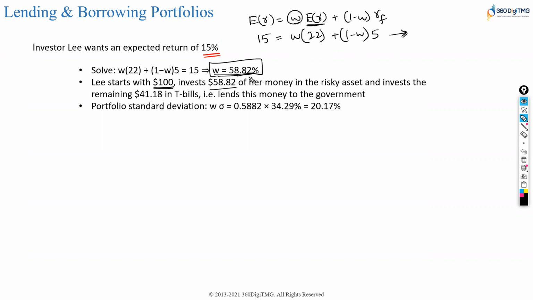And 1 minus this, or 100% minus 58.82%, would give you 41.18%. So these many dollars, Lee wants to invest in T-bill. That means lending to the government. If you invest in a risk-free asset, that means it's a government bond or T-bill usually. So $41.18 you're investing in the risk-free asset. That is, you're lending to the government.